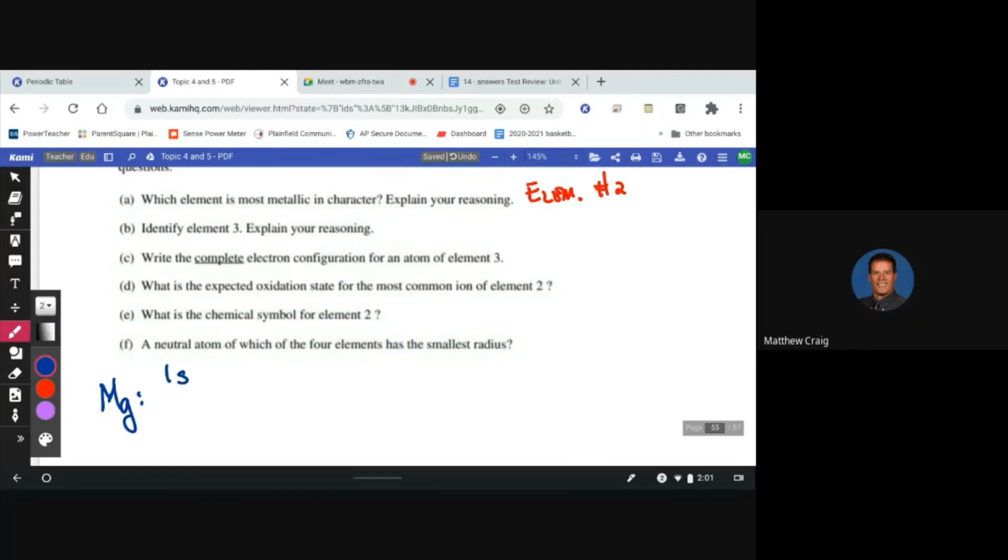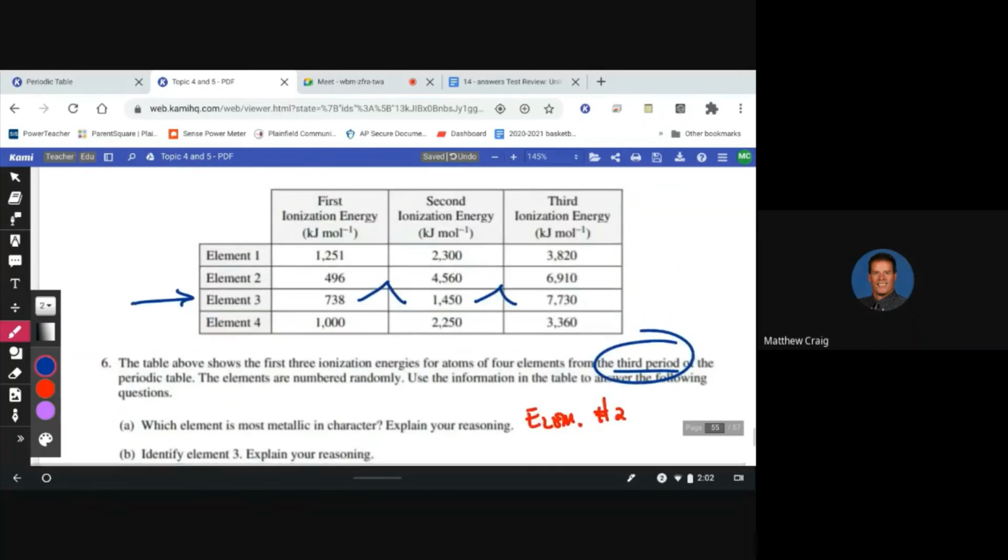So when it says complete, just that easy.